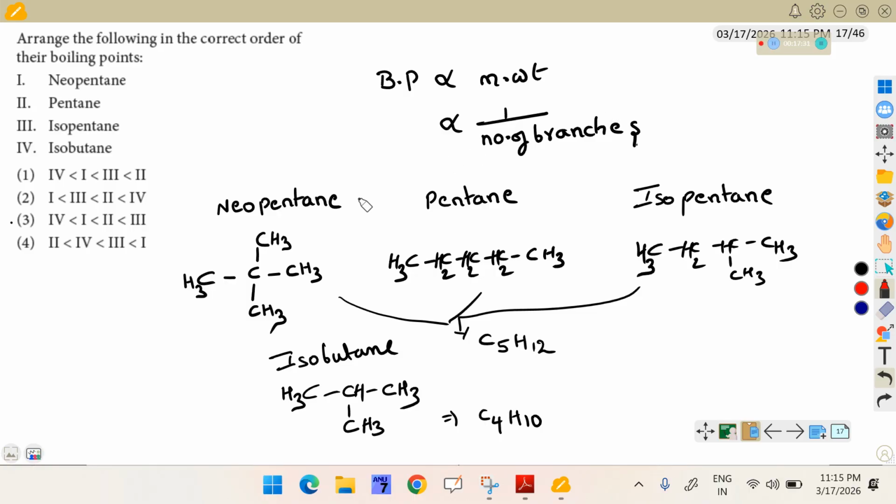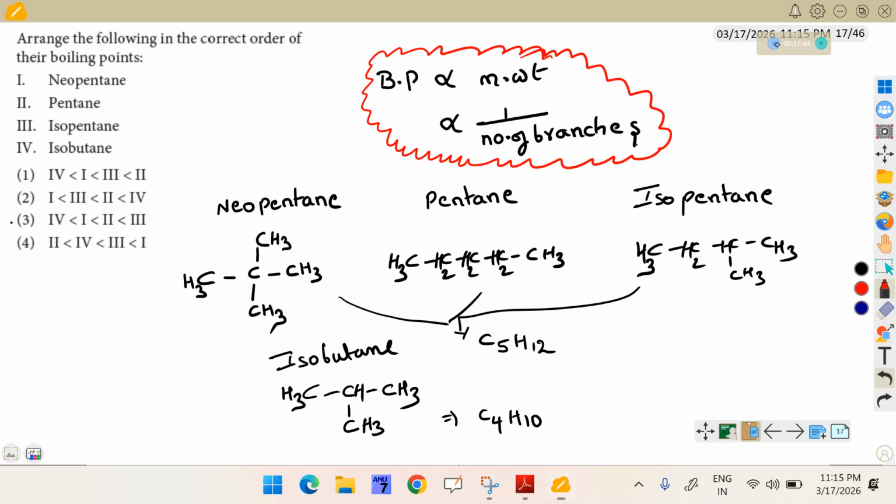Arrange the following in the correct order of their boiling points. We know that boiling point is directly proportional to molecular weight. If molecular weight remains the same, then boiling point is inversely proportional to the number of branches. In neopentane, 2 branches are present. Pentane, 0 branches. Isopentane, 1 branch. Neopentane, pentane, isopentane have the same molecular formula.